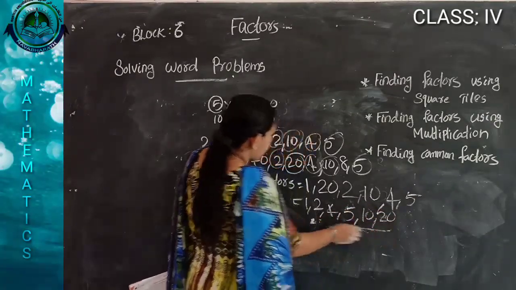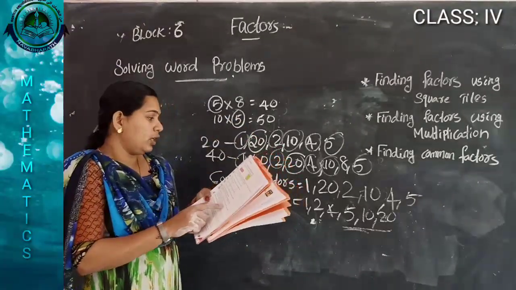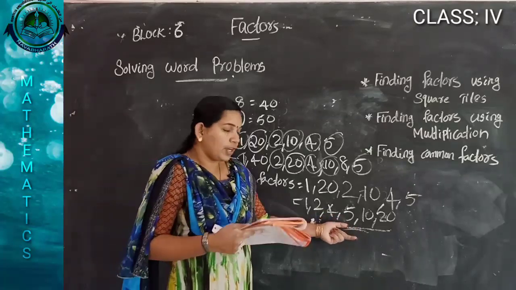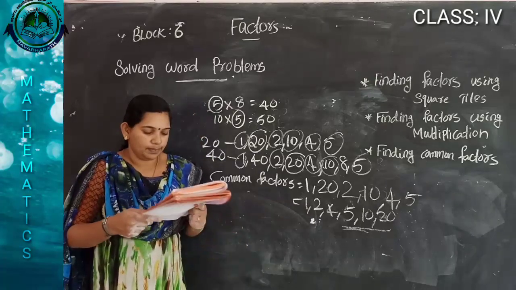These are the common factors of 20 and 40. But they are writing only 1, 20, 40. Is 40 a common factor here? No. So you rewrite the common factors here.